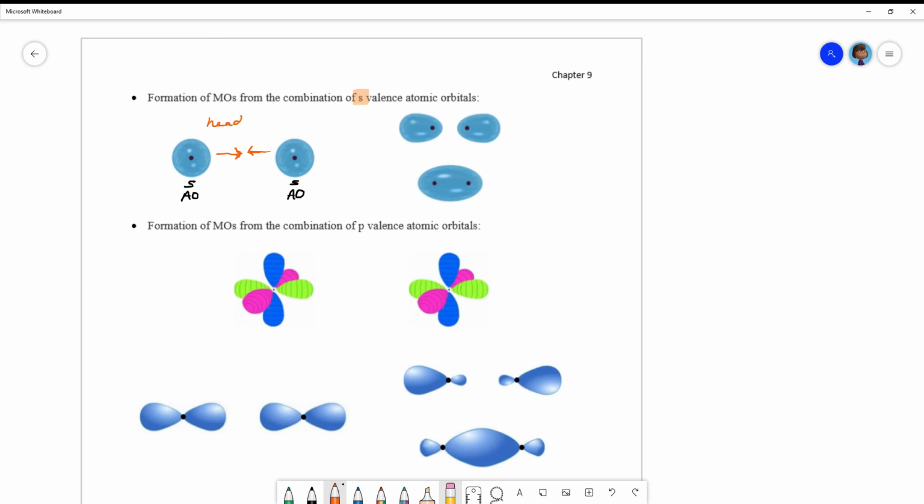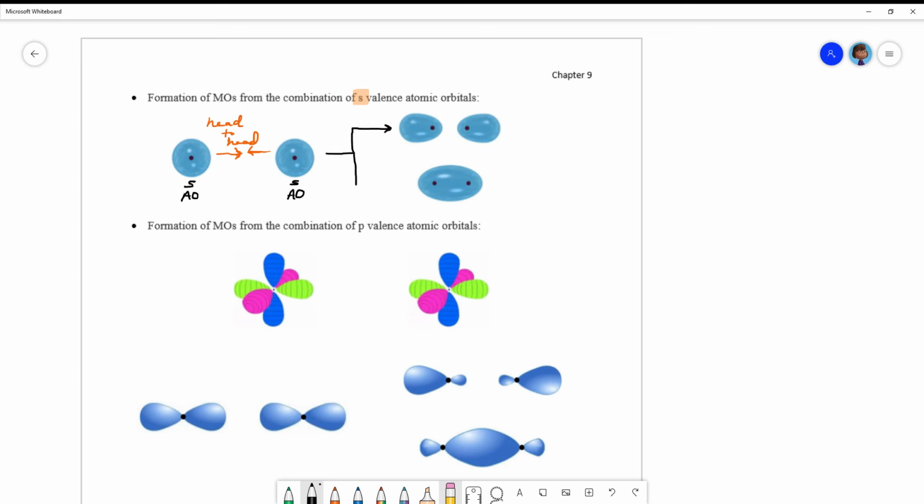So we've got the old head-to-head scenario. Now, when these orbitals combine together, as we've seen, we're thinking about the wave functions of these orbitals. The wave functions can be added or subtracted, which means that these two orbitals can be combined constructively and destructively. So what do we end up with? Well, we end up with two new molecular orbitals.